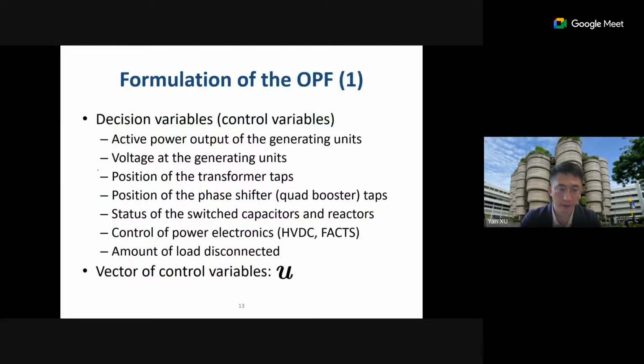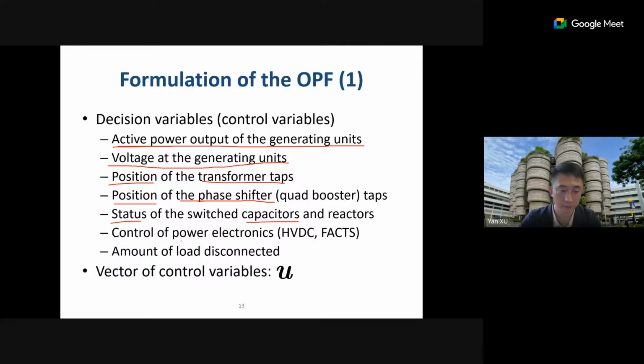Now, once again, here is a list of different kinds of decision variables. For example, we can dispatch the generator power output. We can dispatch the generator's voltage settings. We can dispatch the positions of the transformer taps and the phase shifter taps, and the status of the capacitor banks, on and off, right?